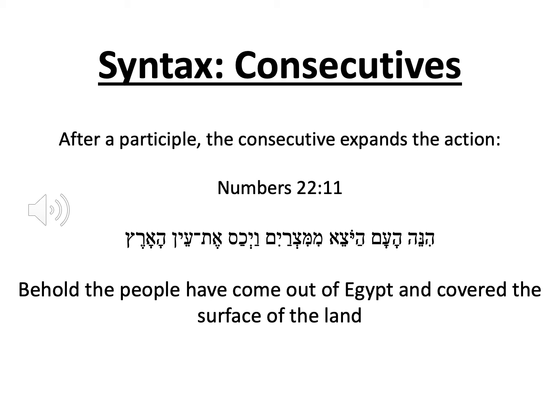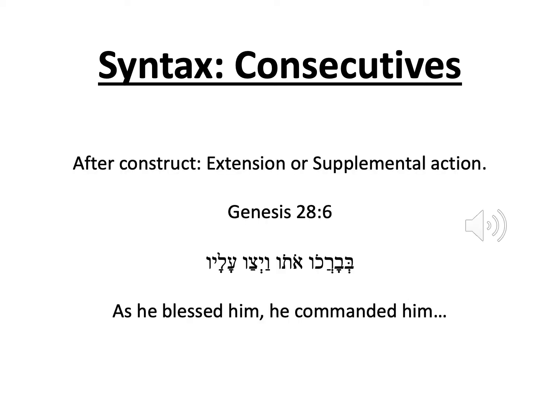These two are simultaneous, but not even simultaneous. In some ways, they're the same action, coming out of Egypt and covering the land. They're parallel statements. And the vayiktol here indicates not a succession or not even a consequence, but a further expansion of what it means that they came out.